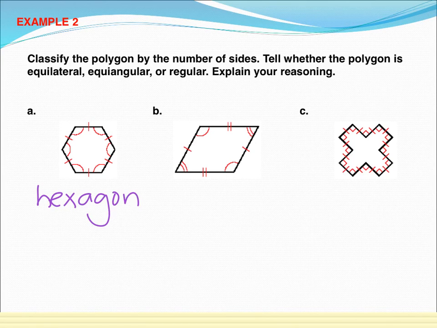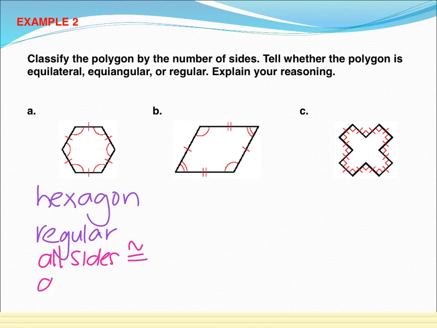Is it equilateral, equiangular, or regular? Regular. Okay, why? What does regular mean? Good. All sides congruent. All angles congruent.